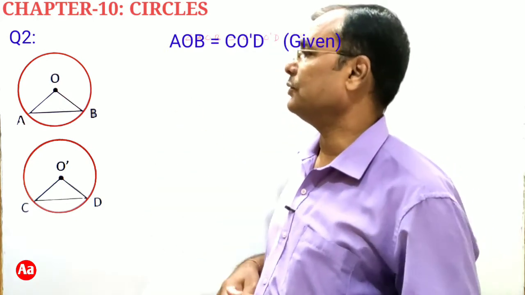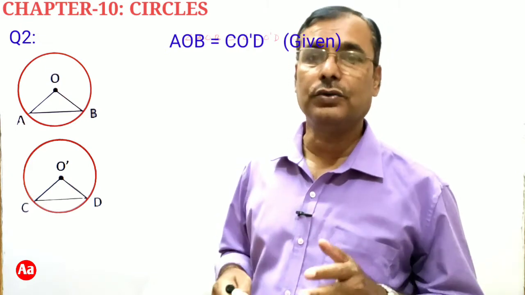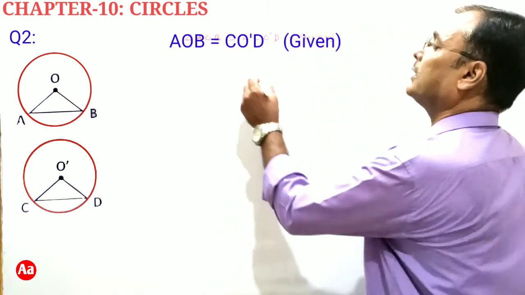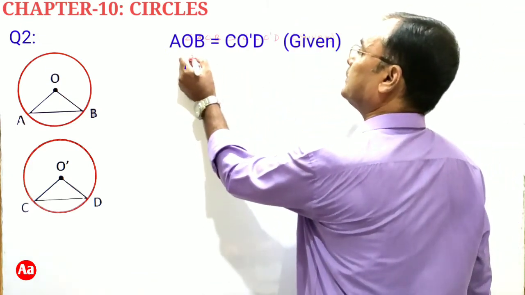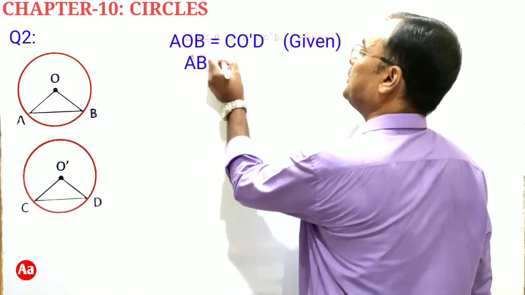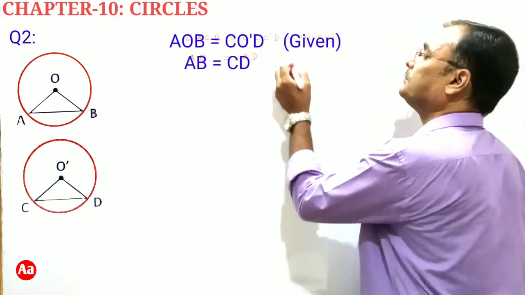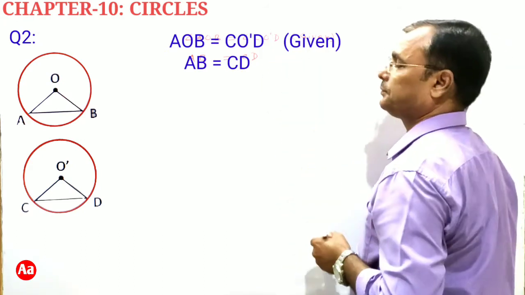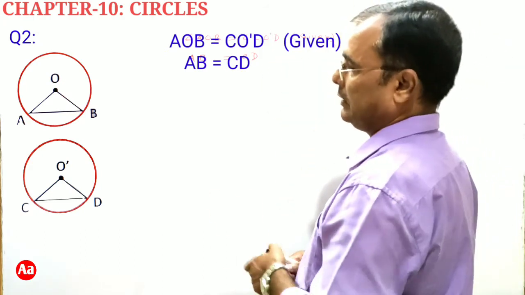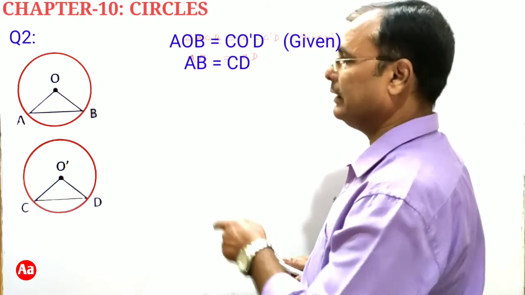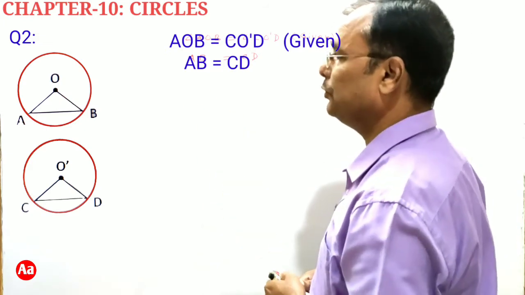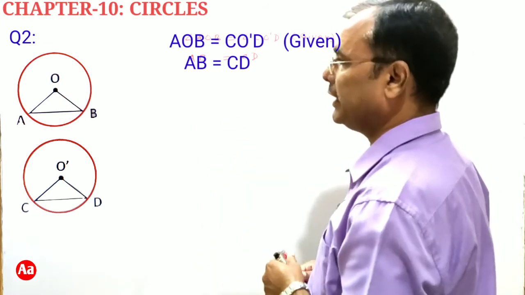Circles with centers O and O dash are congruent circles, and we are asked to prove that chords AB and CD are equal. This we are going to prove. So let us take triangle AOB and CO dash D.